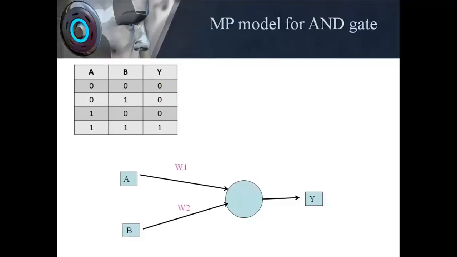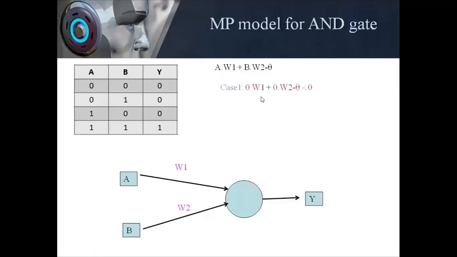But I have to understand or calculate or compute, in my model for the AND gate using an MP neuron, what my weights are going to be on these interconnections, and what my threshold is going to be, so that I am able to get my output as desired in this truth table.